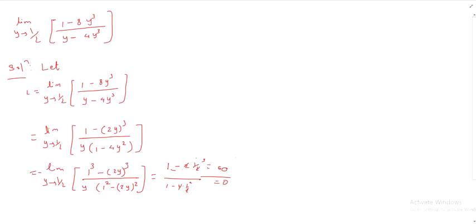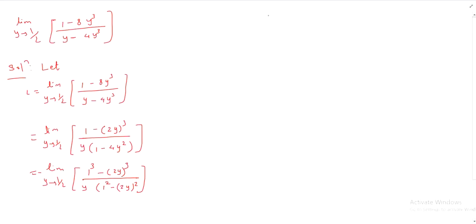Okay, so to avoid this, we have to find out the common factor, that is y minus half or 2y minus 1, and if we remove this factor, then we get the limit. So for that purpose we have to factorize it by using factorization.